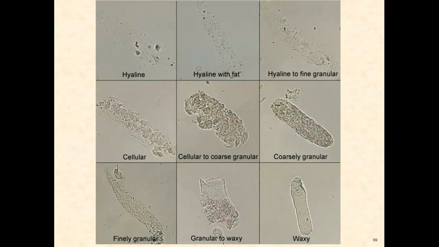So here's what they look like. As they form up in those tubules, it creates a cast of that tubule, which is why they're called a cast. They're held together by something called Tamm-Horsfall protein. And if you look up in the top left-hand side, the hyaline cast is what we're going to talk about first. A lot of times these are normal and you may see 1 or 2.